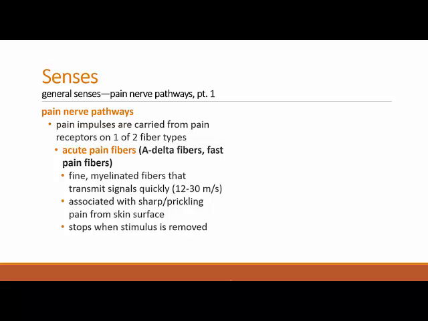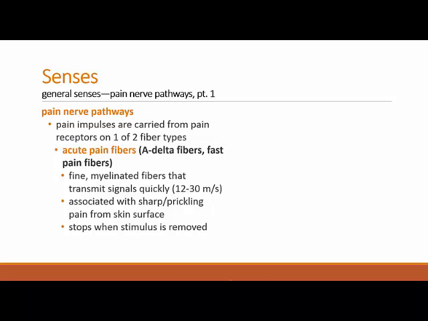And we associate it with sharp and prickling pain felt at the skin surface. So again, like something poking or cutting, those are sharp and prickling pains. And they tend to stop transmitting when the stimulus is removed. So once you stop poking at somebody with a little sharp probe, then those acute pain fibers will stop sending pain messages.